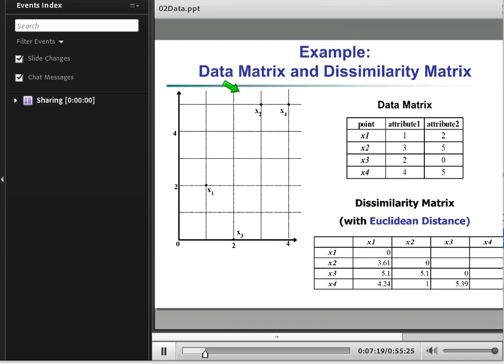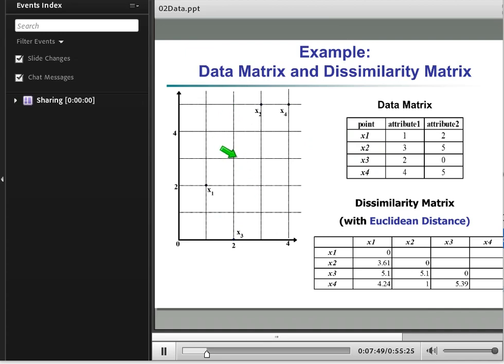Then, if I have a data matrix of numerical data, I can decide about distances and dissimilarity or similarity based on simple algebraic distances like Euclidean distances.